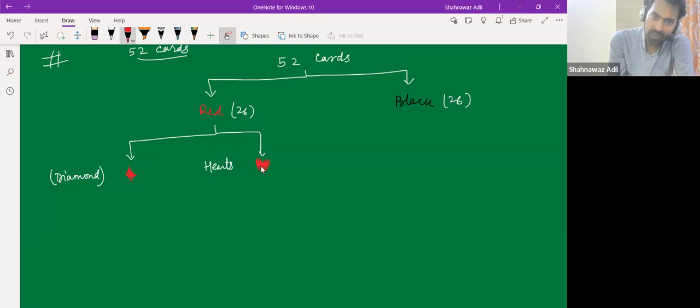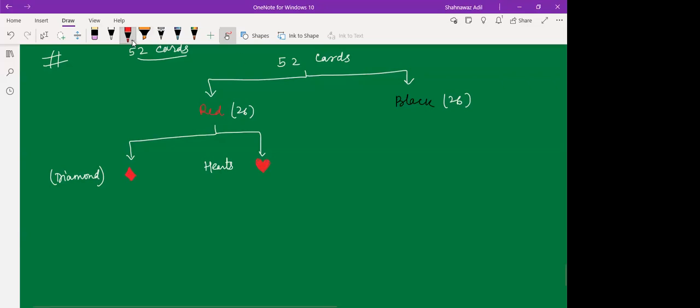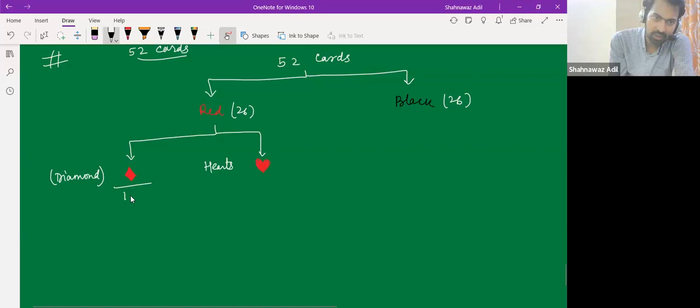Okay. So if you divide 26 into two parts, how many will you get? 13. Good. So we have 13 diamonds and 13 hearts.